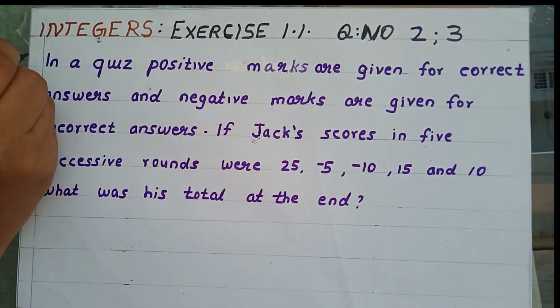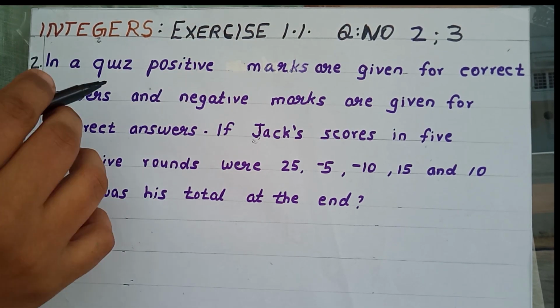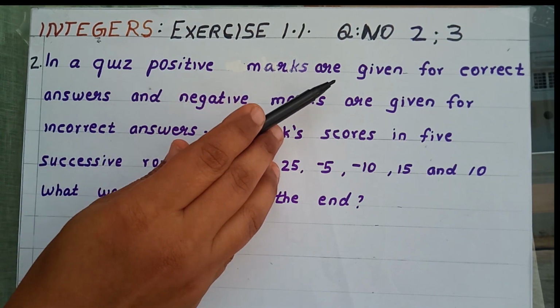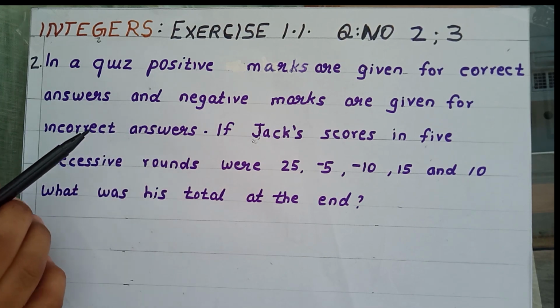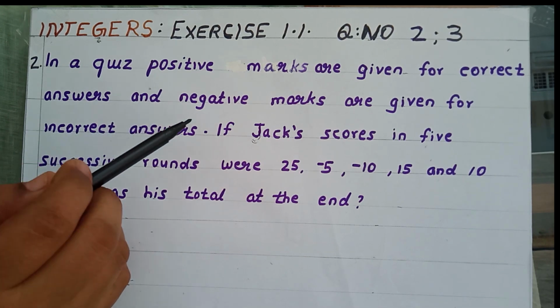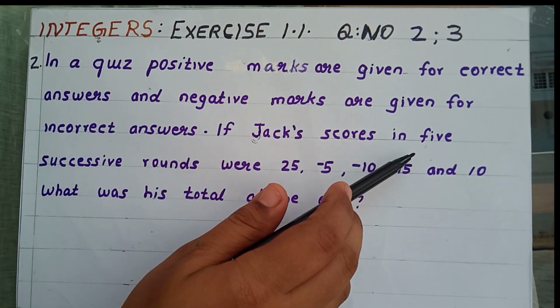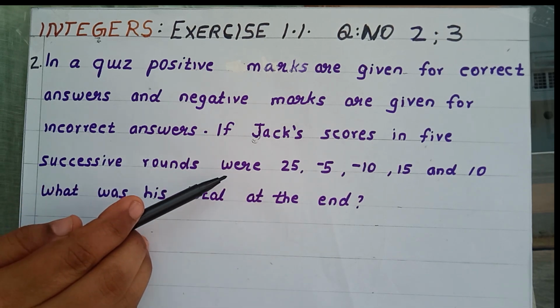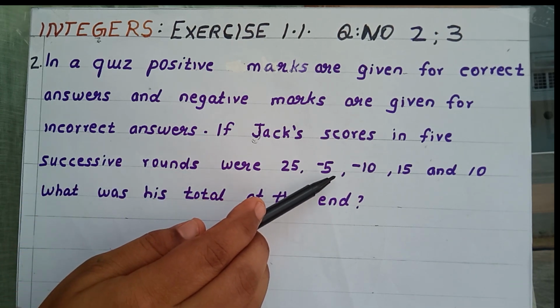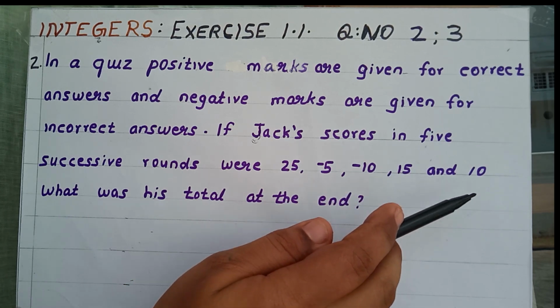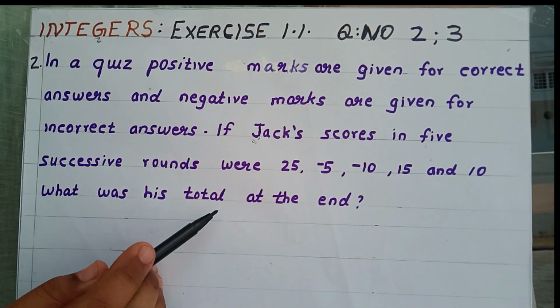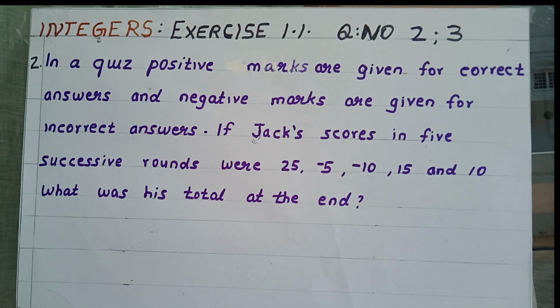Question number 2 says that in a quiz, positive marks are given for correct answers and negative marks are given for incorrect answers. If Jack's scores in 5 successive rounds were 25, minus 5, minus 10, 15 and 10, what was his total at the end?